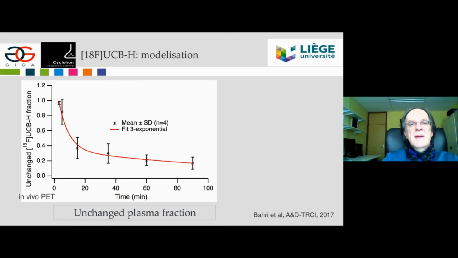So you can use that proportion of unchanged tracer to correct your arterial input curve, because you do not want to count in the artery the activity which is coming from metabolites. You just use the activity coming from the unchanged radio tracer.